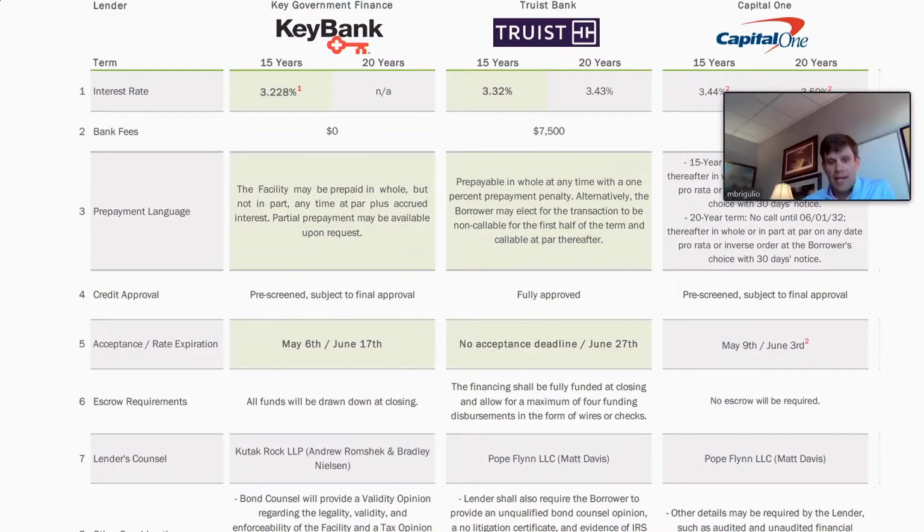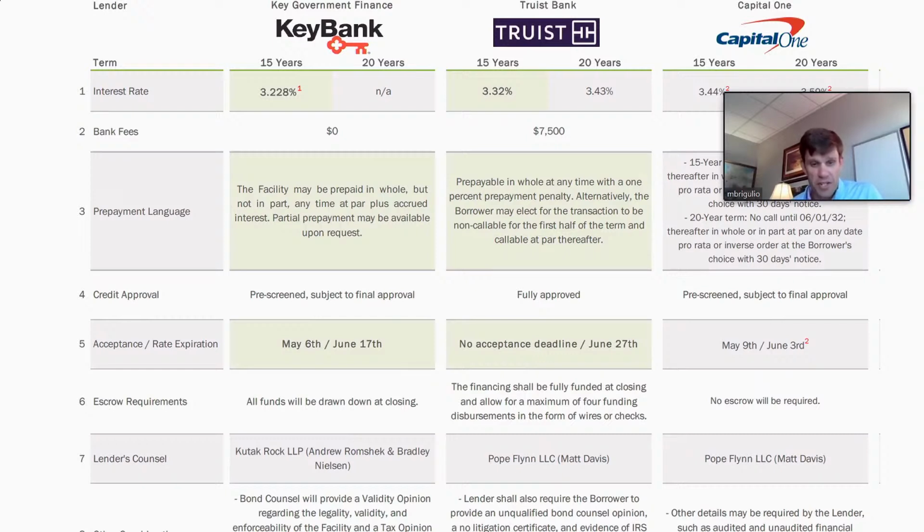In making that acceptance, we would be letting Key Bank know that we are moving forward with them in good faith, and we want to lock in that interest rate. If something were to happen and we were not able to close by their closing deadline, which is June 17th, there would be no penalties owed by the county, but the interest rate would be subject to change again at that point in time.